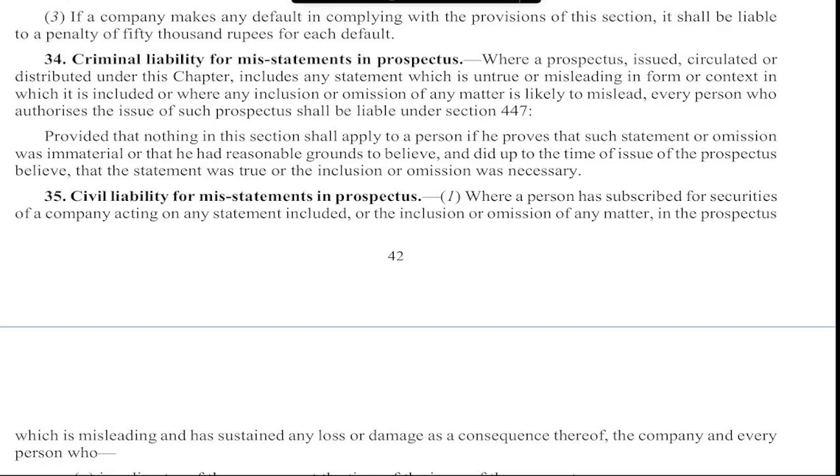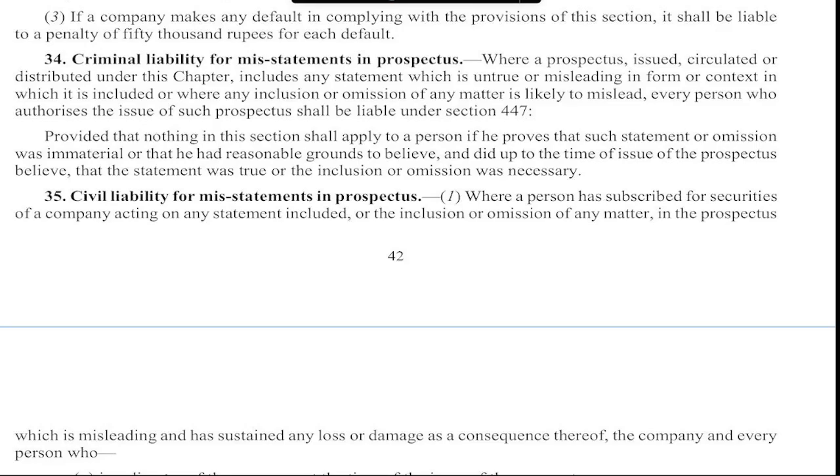Keep the heading first. The entire set of topics will contain one name. Write down: Liabilities under this chapter. In that, the first one, write down: Legal rules for prospectus.